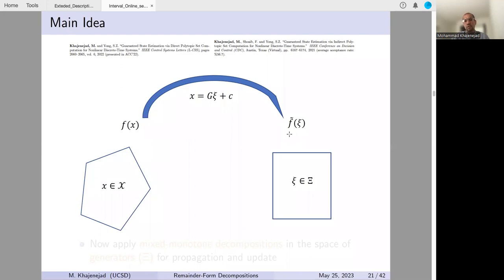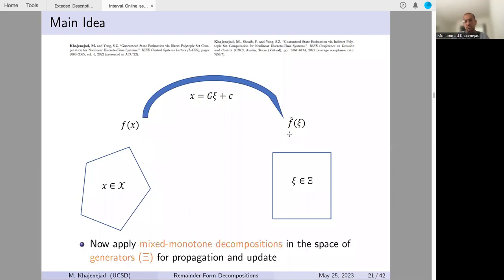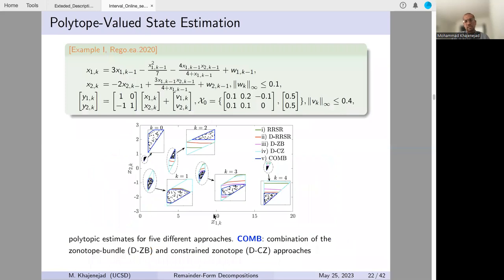We can apply all our existing approaches, including these mixed monotone decompositions, to do state estimation in the space of intervals, get the estimated sets, and then return back to the original polytope space. So with this idea, now we were able to do polytope-valued state estimation.